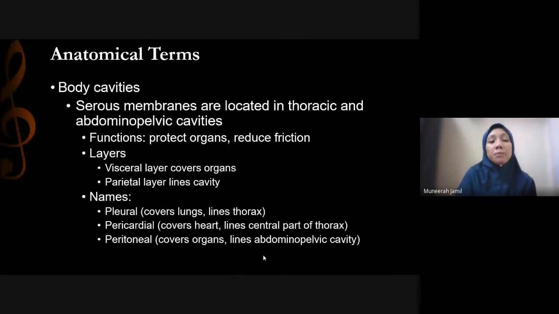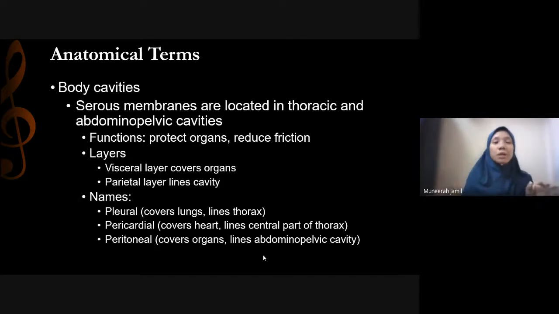Okay, dalam body cavity ni, contoh kalau kita sebut thoracic cavity dan abdominal pelvic cavity, dalam cavity ni dia ada yang membalutinya. Contoh thoracic tadi kita ada pleural dan kita ada pericardial. So this is actually a serous membrane.